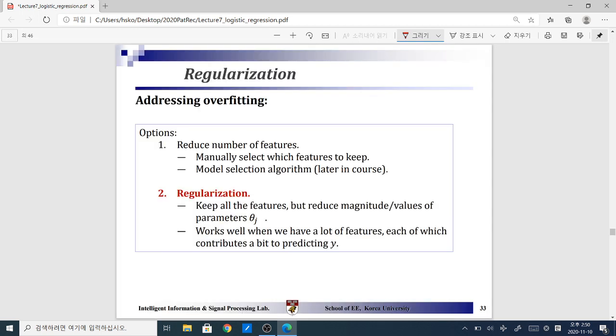So how do we solve this overfitting problem? The first thing you want to do is reduce the number of features. That is an obvious thing. You could do that by manually selecting the features that you want to keep, or you could use some model selection algorithm, which I guess we can do later on.